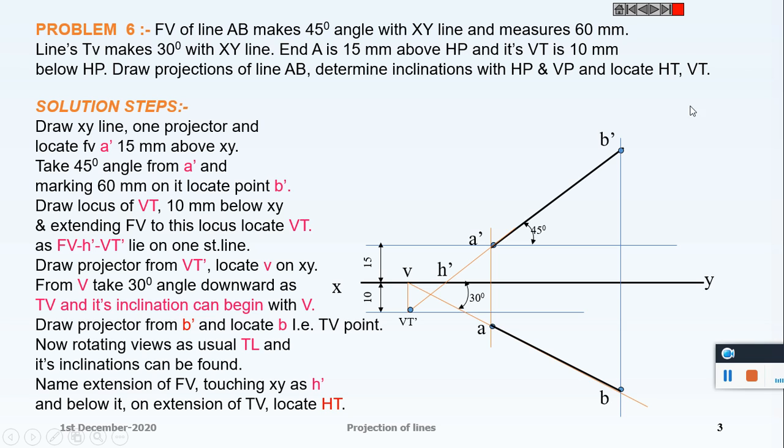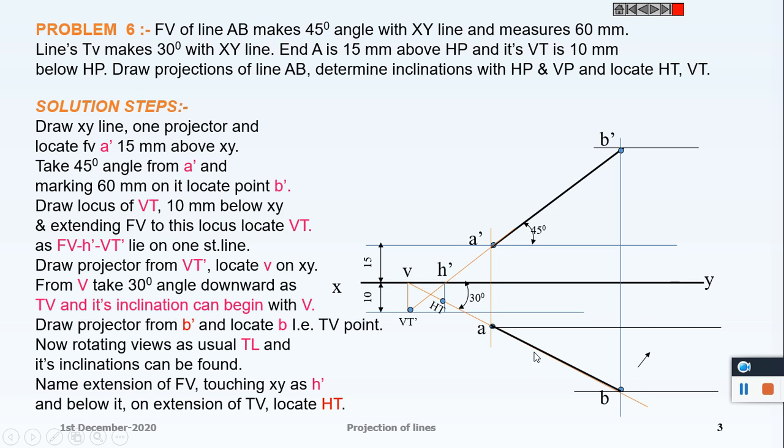Now draw the locus of both B dash and B. HT is here, below H dash. Draw the locus of point B and B dash.